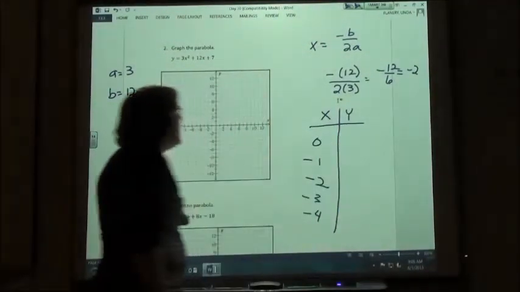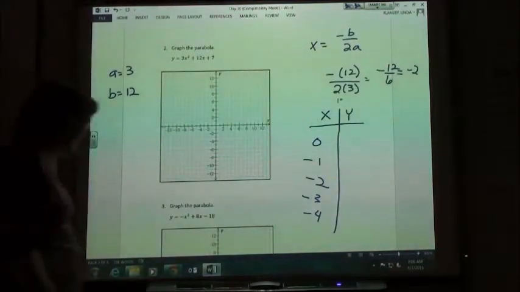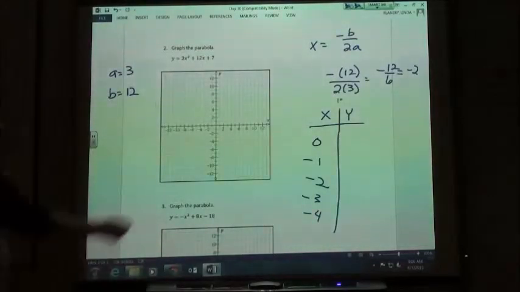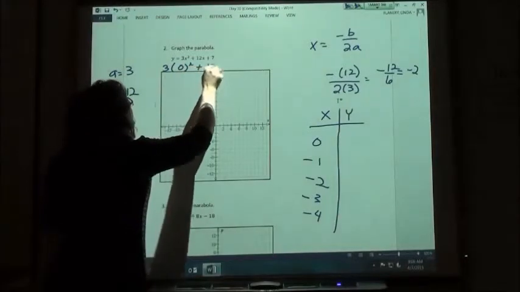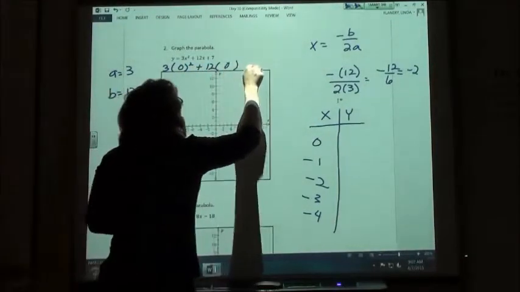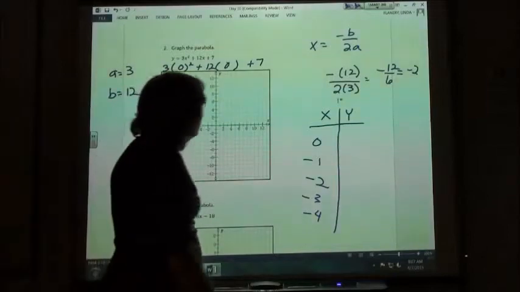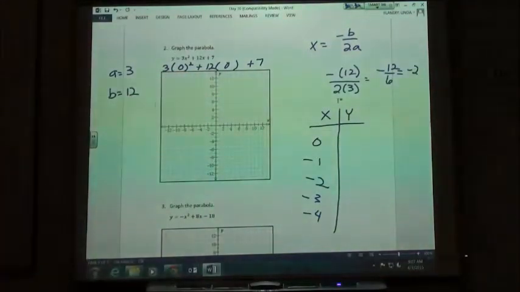All right. Now let's see if our numbers come out better. So we're going to start by putting 0 in. So 3 times 0 squared plus 12 times 0 plus 7 is a 7.